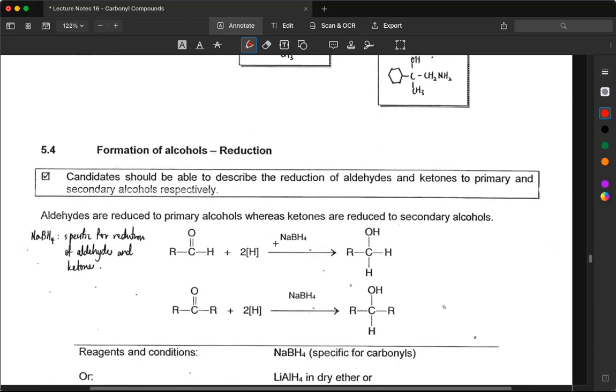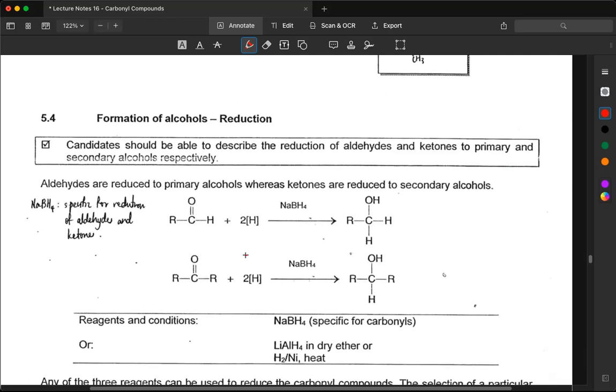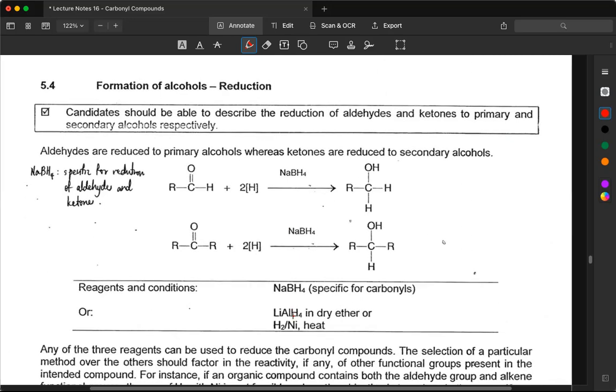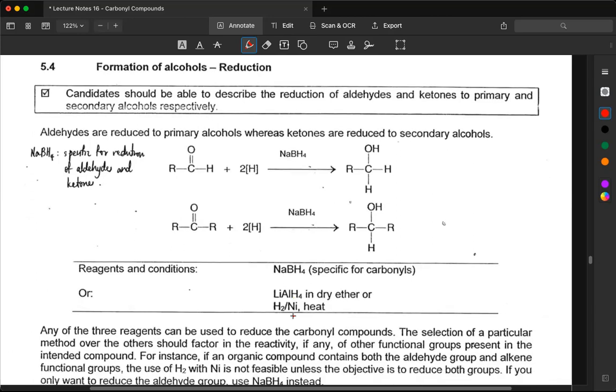Now look at the reaction of aldehyde to alcohol through reduction. So aldehyde can be reduced to primary alcohol, whereas ketones are reduced to secondary alcohol. You can use sodium borohydride to do it, or just simply lithium aluminum hydride, or hydrogen with nickel and heat, that will do.